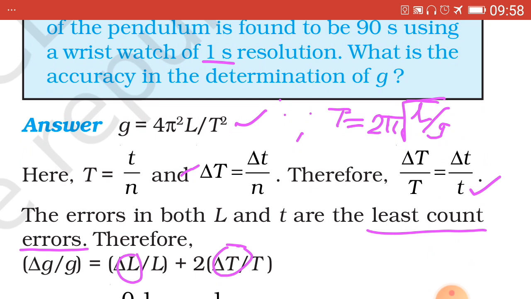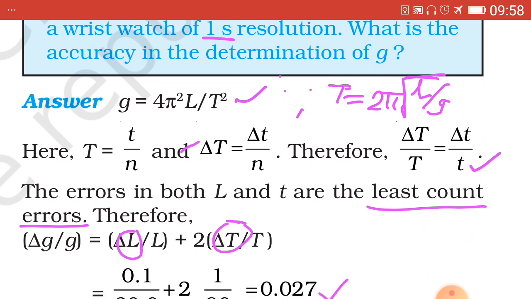Therefore, if we introduce error delta, that is absolute error, delta T capital equal to delta t small upon n. Therefore, delta T upon T, we take proportionality, delta T upon capital T, both the sides capital letters and on the other side both small letters. Capital T denotes periodic time and small t denotes simple time.